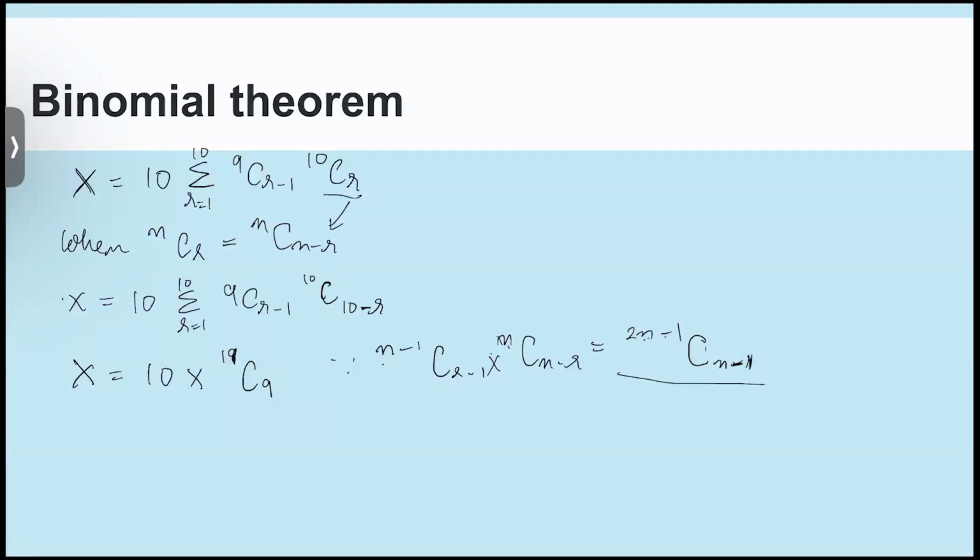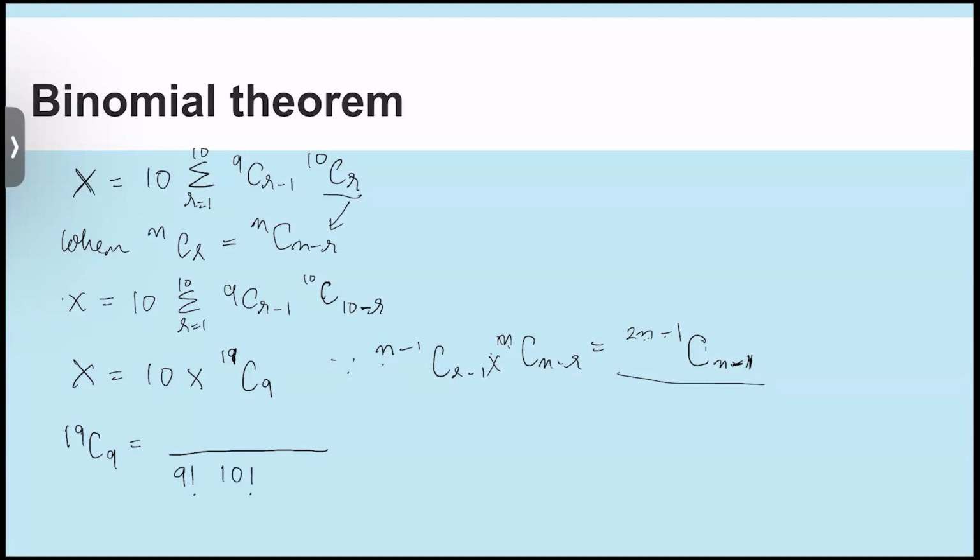So before we move forward, let's solve for 19C9 so we can easily get the value. Now you expand it, as we normally do when we find the coefficient. So your r is going to be 9 factorial, and this is going to be 19 minus 9, because n minus r, so that is 10 factorial.